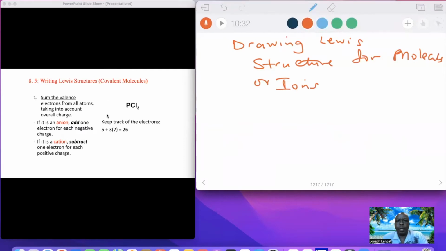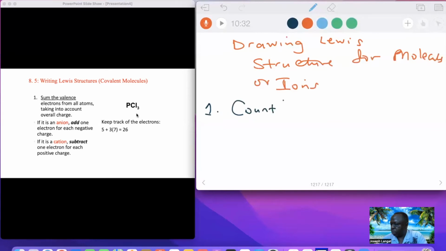Rule number 1 is you should be able to calculate the total number of valence electrons in the molecule, using phosphorus trichloride as an example.